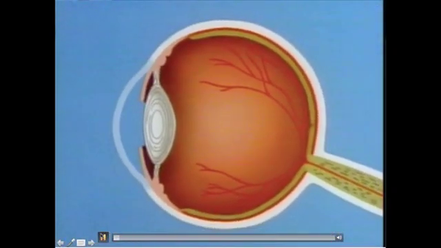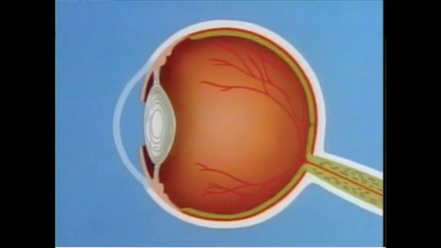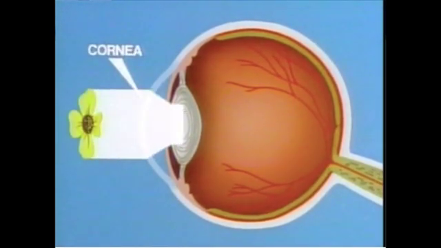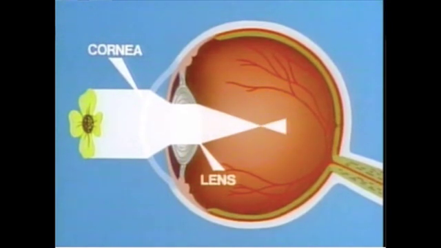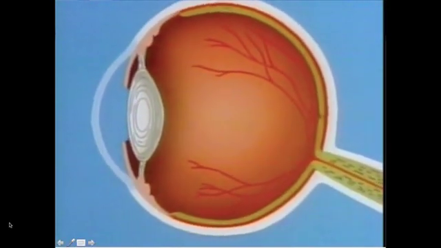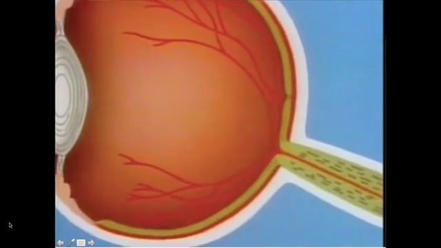Most of the eye cavity is filled with a clear, jelly-like substance known as vitreous humor. Light from an object enters the eye, passes through the cornea, aqueous humor, lens, and vitreous humor, and is focused on the rear wall of the eye, known as the retina. The retina contains thousands of light-sensitive cells called rods and cones, which capture the object's image.